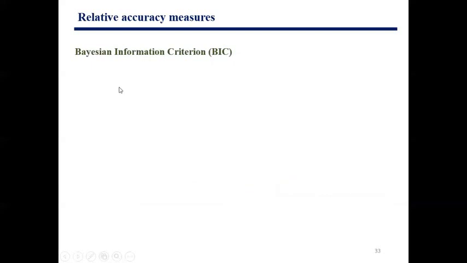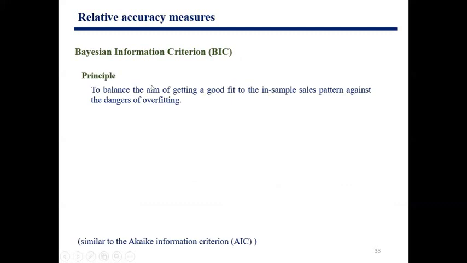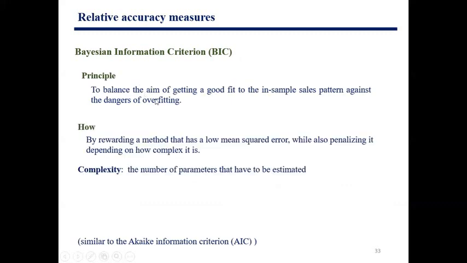And after that we have the Bayesian information criterion. I think I can present it quickly. It's a criterion used to avoid the danger of overfitting. So this is the idea.